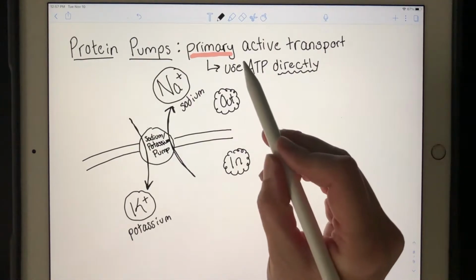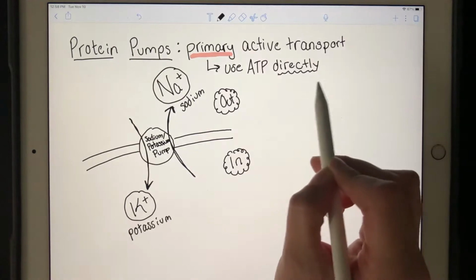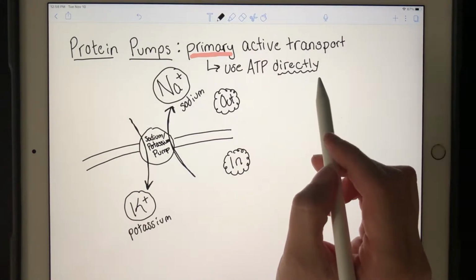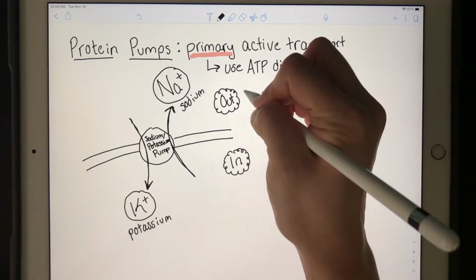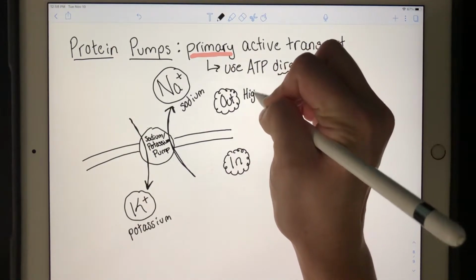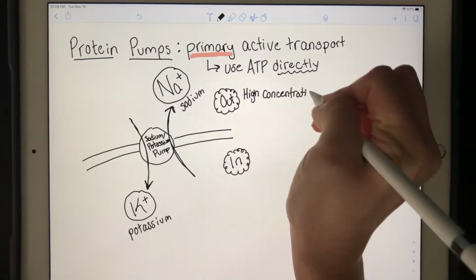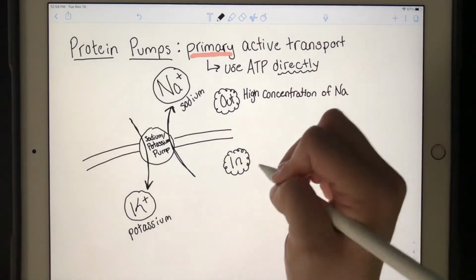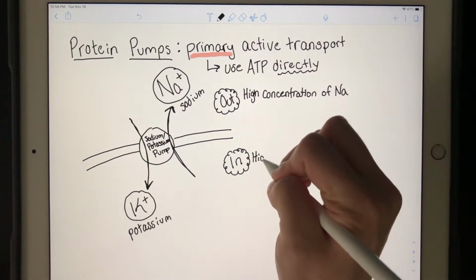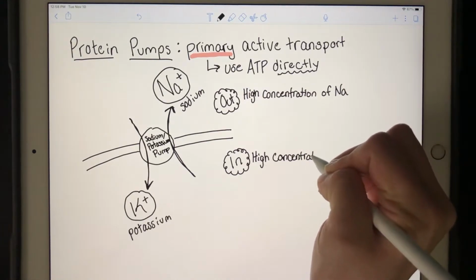But because it requires active transport, we need to get some energy to be able to do this. That's because outside the cell already has a high concentration of sodium ions, and inside the cell already has a high concentration of potassium ions.